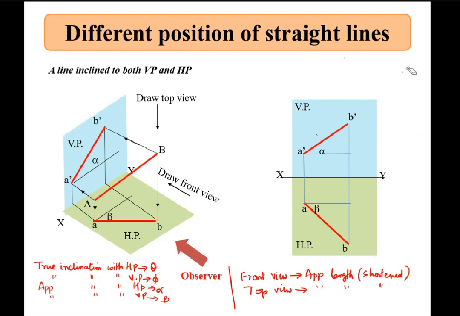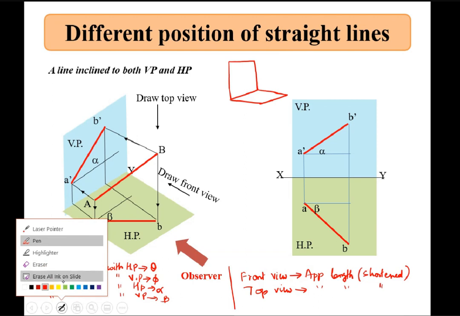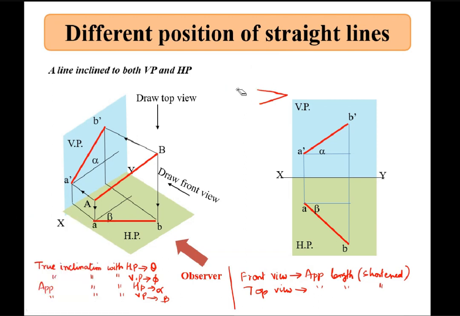Okay, so I have erased this one. Now please pay very careful attention to this concept that I'll be telling you. So now, say I have a straight line which is inclined at 30 degree with HP.